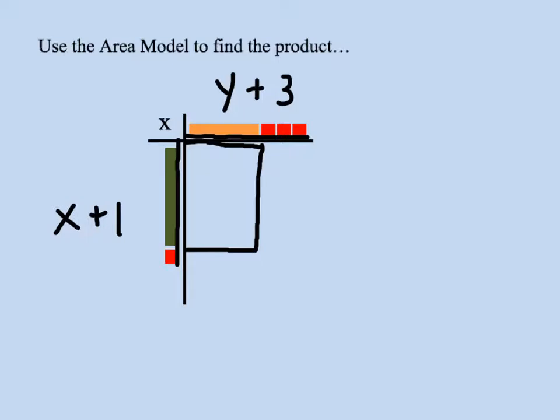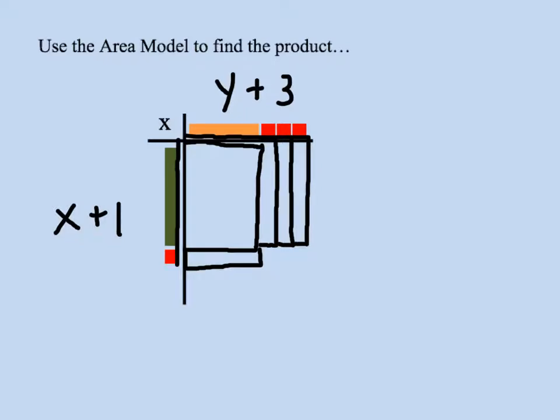You guessed it, that's your xy tile. Underneath, 1 long, y wide, that would be a y tile. Over to the side here, x long and 1 wide, you've got an x tile here, and 3 x tiles would fill in this area.